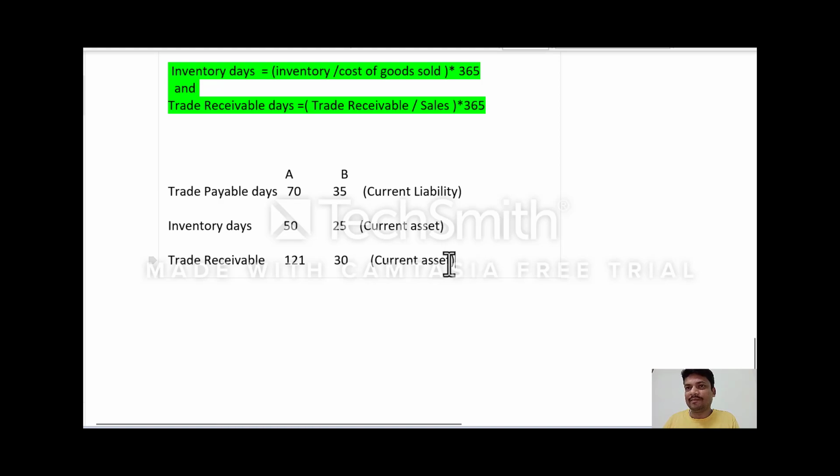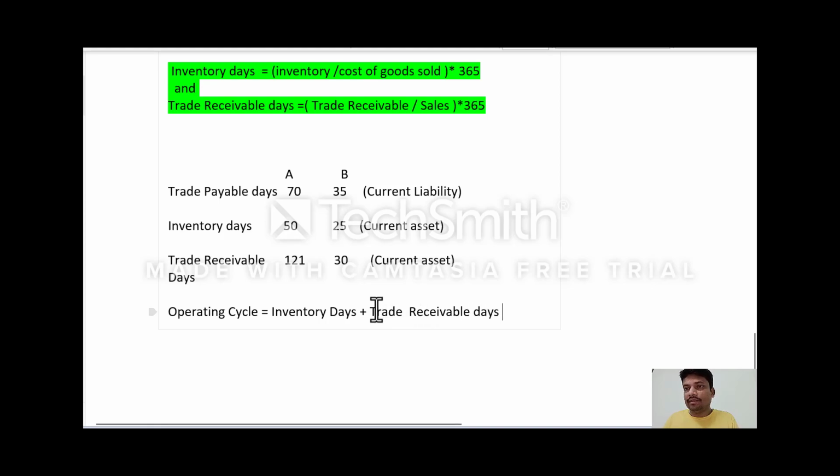We also have the operating cycle, which is equal to inventory days plus trade receivable days.